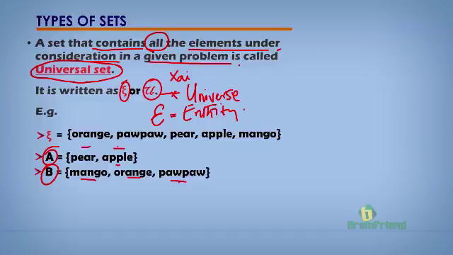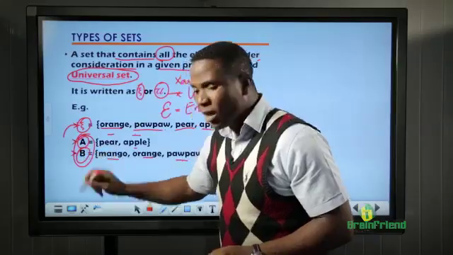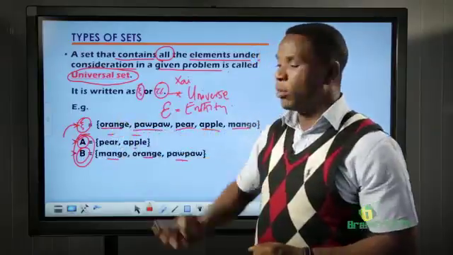The universal set is a set that contains all of the elements of both sets in consideration. So we have pear in the universal set, apple, mango, orange, and we also have purple. So our universal set is the set that contains every element under consideration in a given problem.